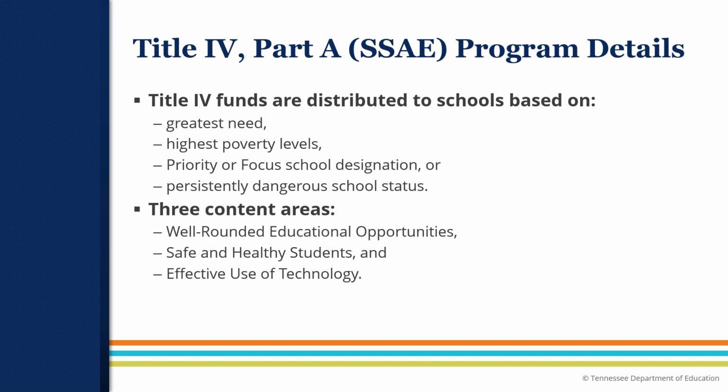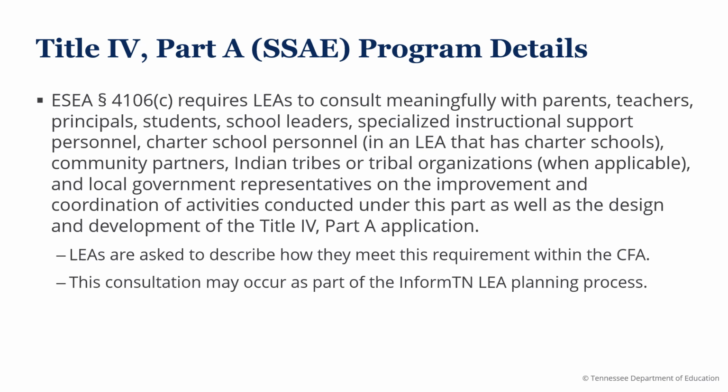And the LEAs, during their needs assessment, can distribute to the schools based on the greatest need, highest poverty, if they have any school designation, or they are persistently dangerous school. Remember on the program details page to answer your process in Inform Tennessee and how that assisted with what the needs assessment had on what they are doing to then utilize the Title IV funds.